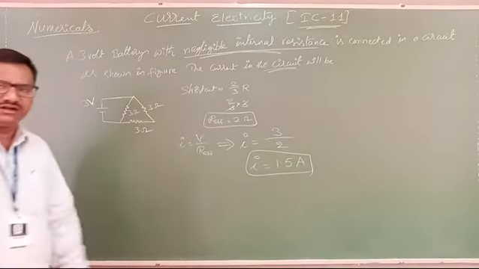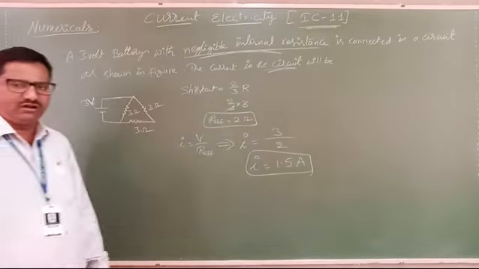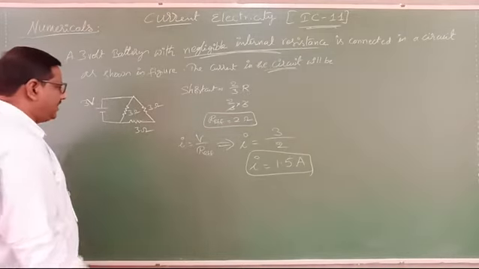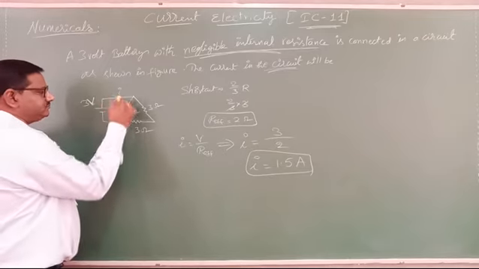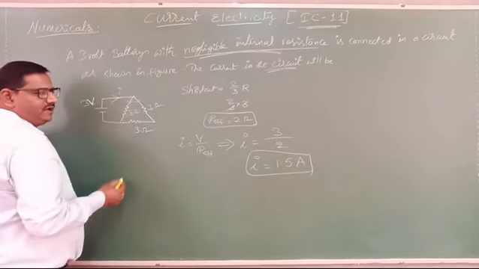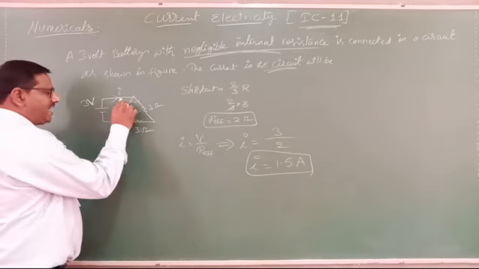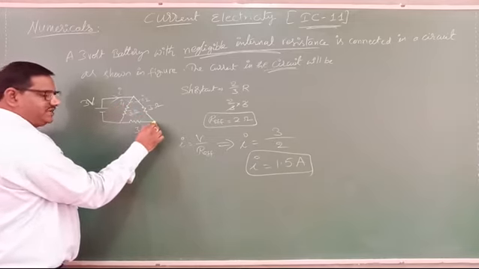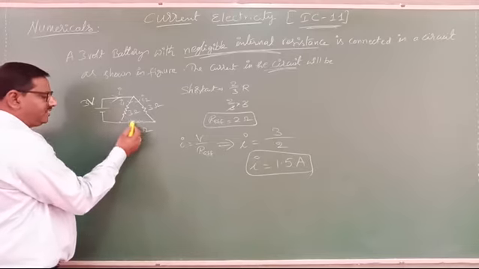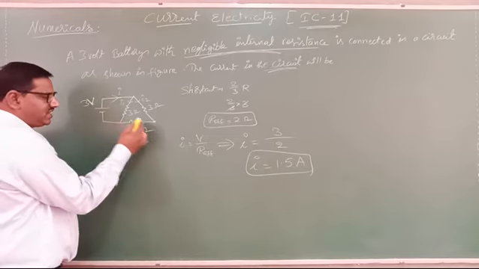Okay. If I want to do it in the long process form, then see that here the current comes as I. Now I will be split here as I1 and here I2. The same I2 current will come to this point and again go towards the battery side. Yes or no?